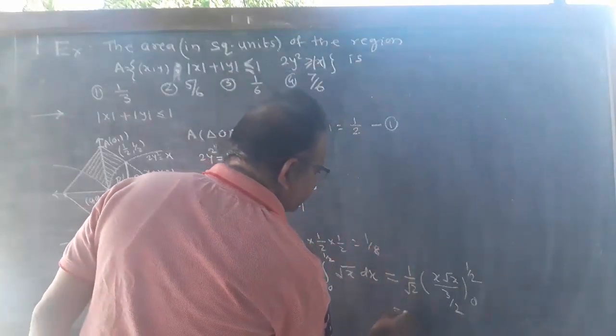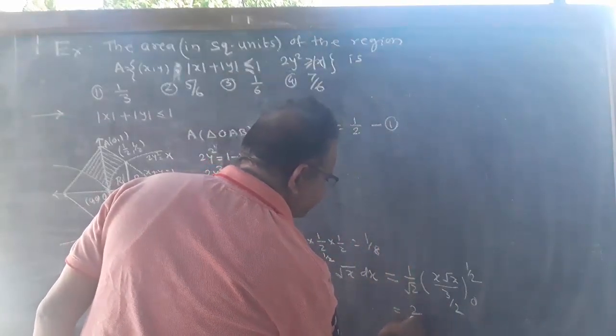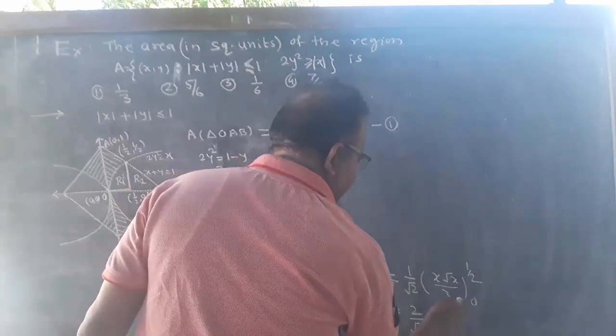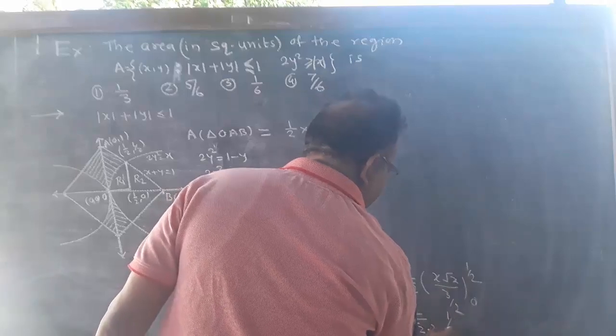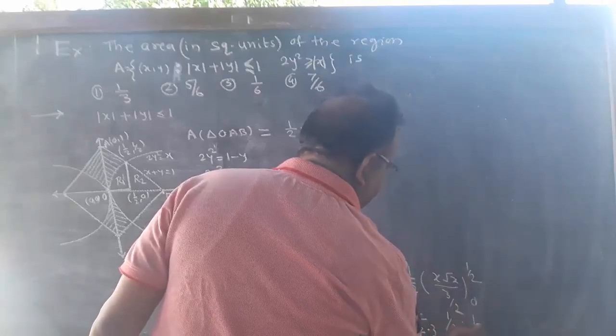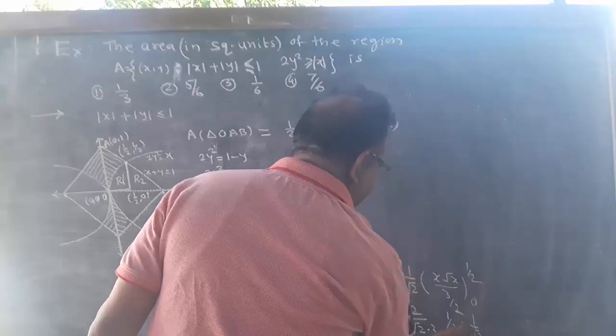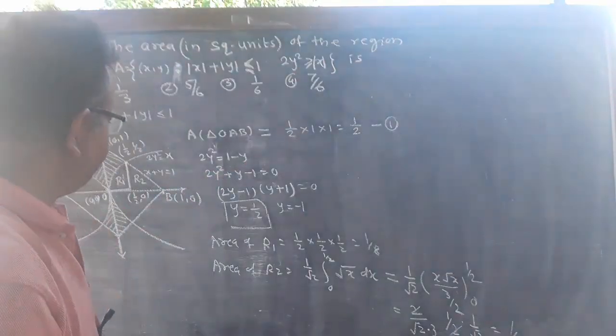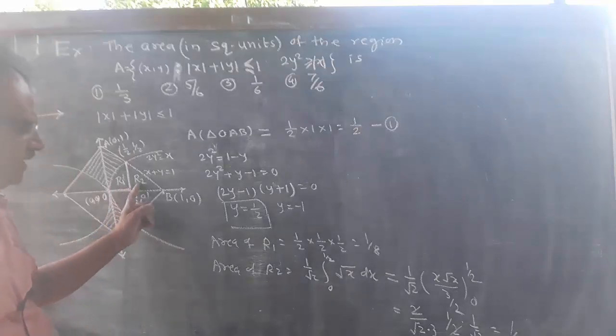This can be written as 2 by (root 2 into 3) into 1 by 2 into 1 by root 2. Root 2 gets cancelled. 2 into root 2, 2 into 3, 6, 1 by 6. Therefore, area of this region R2 is 1 by 6.